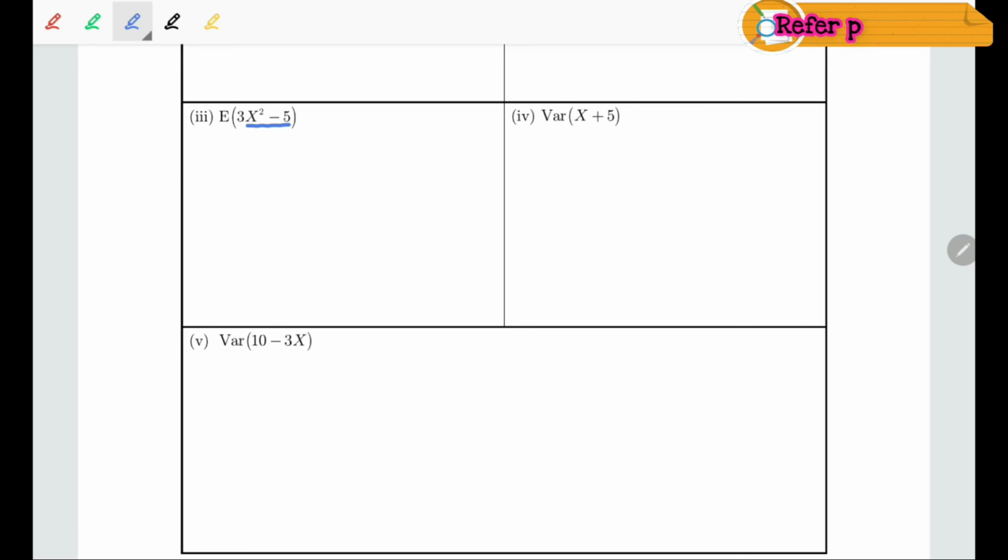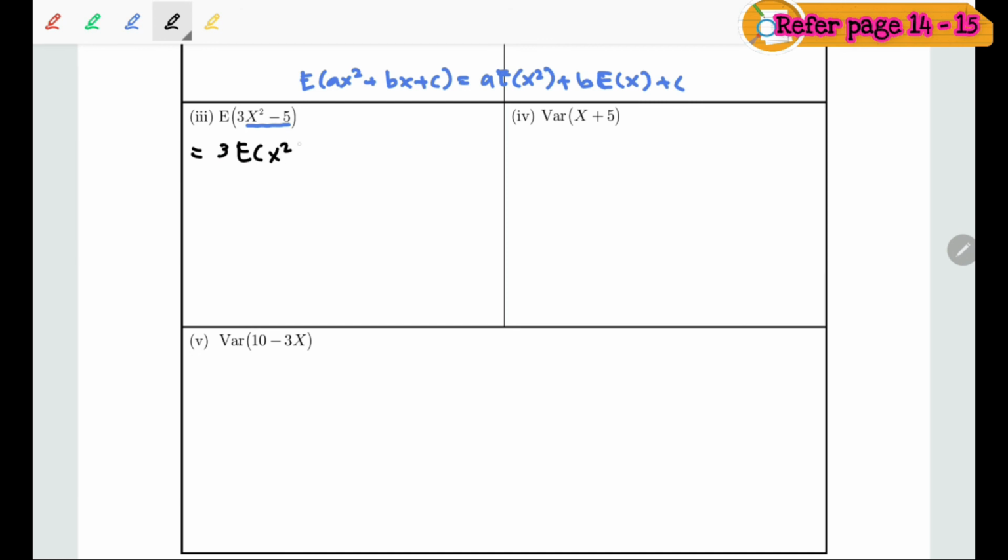Alright, so then next, expected for 3x squared minus 5. So we are going to use this kind of property. If we have expected of ax squared plus bx plus c, it will equal a expected of x squared plus b expected of x plus c. Okay, so we are going to rewrite this one as 3 expected of x squared minus 5.